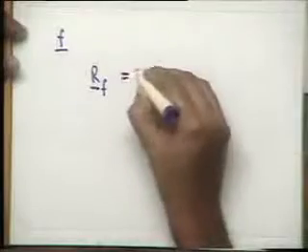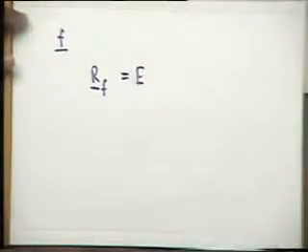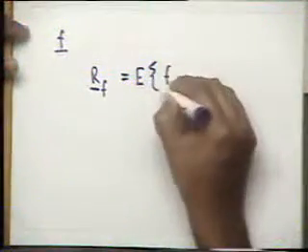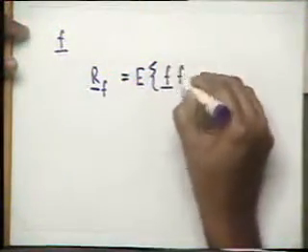N by N. And what is the definition of the correlation matrix? You remember we had defined the correlation matrix during our transform techniques, while discussing the image transforms. It is simply given by the expectation of F F transpose.